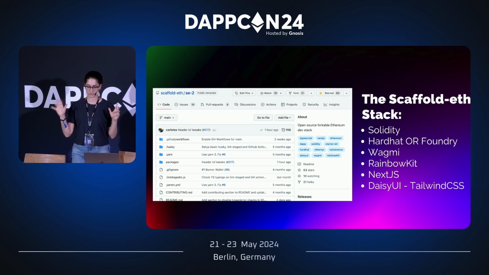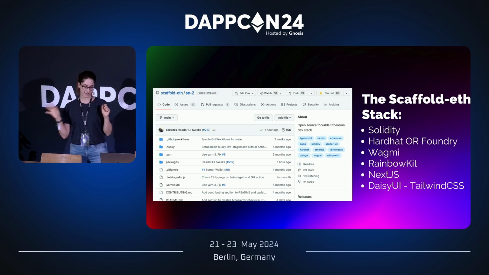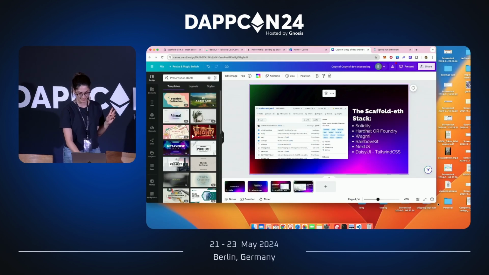Then it uses WAGMI, RainbowKit, and Next.js as well. It also uses DaisyUI, which is a Tailwind CSS component library, to make a prettier interface. We're going to be building all this and showing it, but I just wanted to give you an overview of the tech stack.